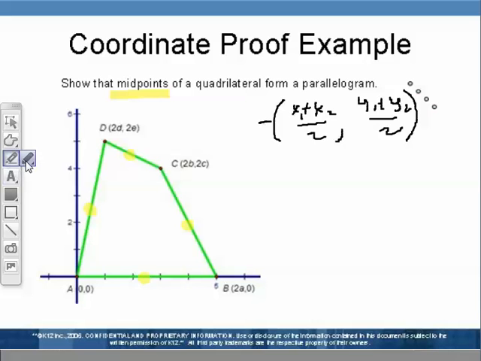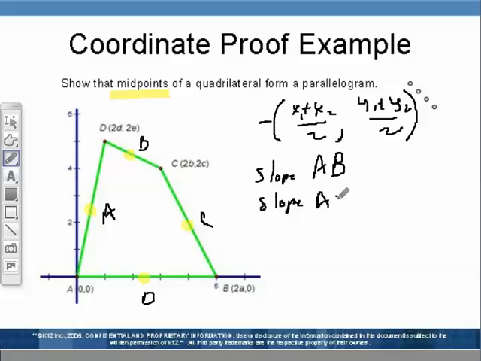Well, locating them means I probably need to identify them as values so that I can refer to them. So once I find A and B, I can find the slope from A to B. I can find the slope from A to D.